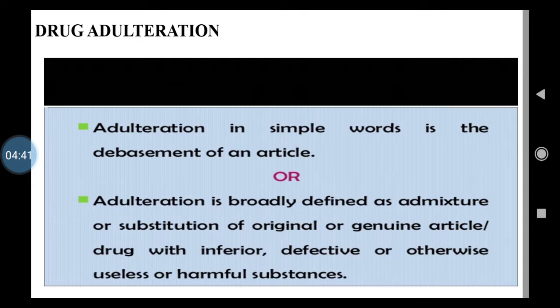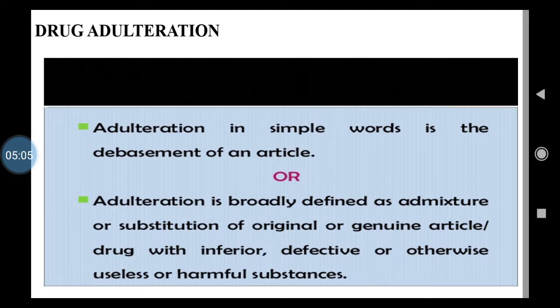Now, there are certain conditions in which this adulteration is carried out. In many cases, inferiority. So, when inferior quality of the drug is there, when it is to be sold, it will be sold by mixing in original or a genuine drug.